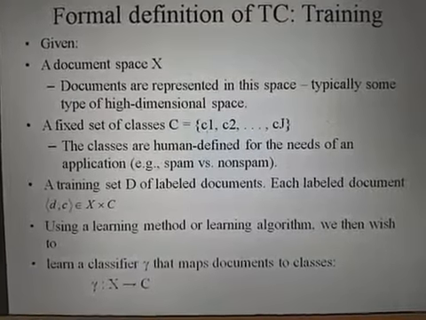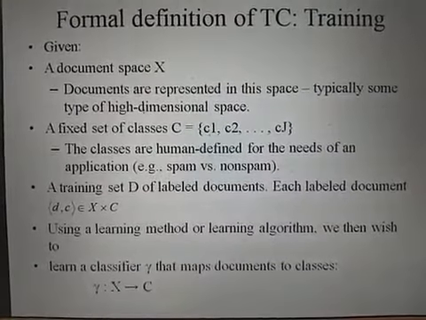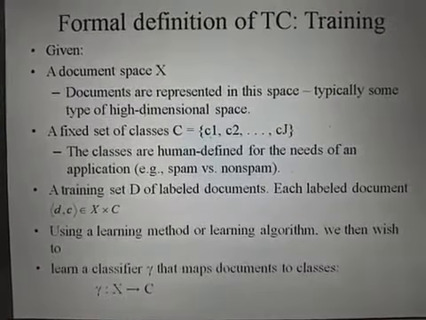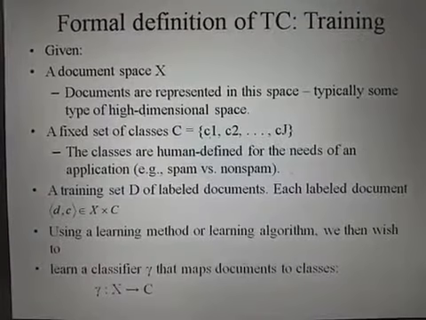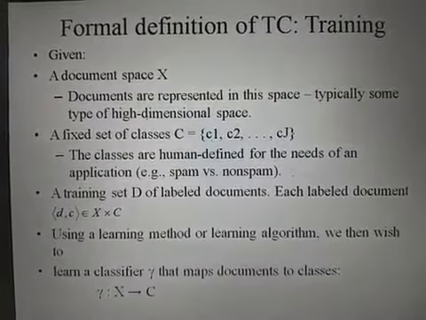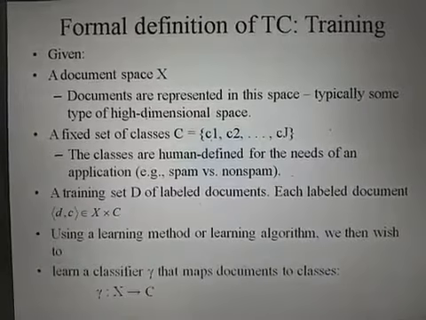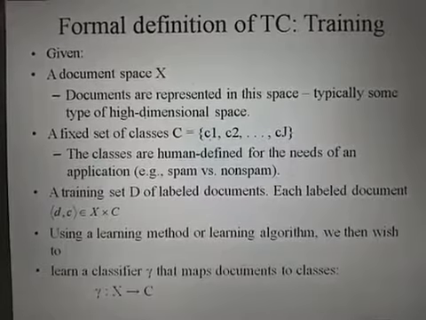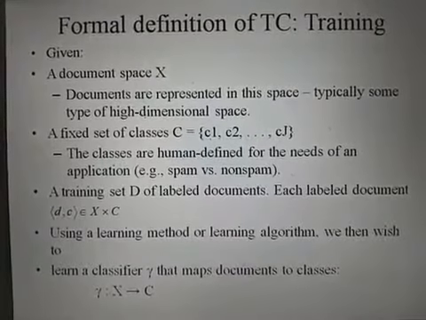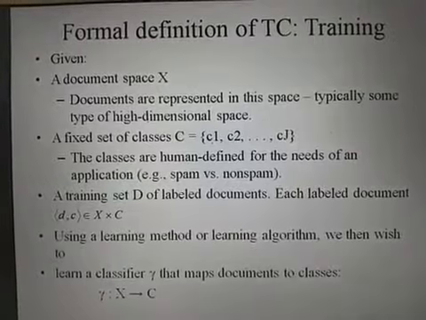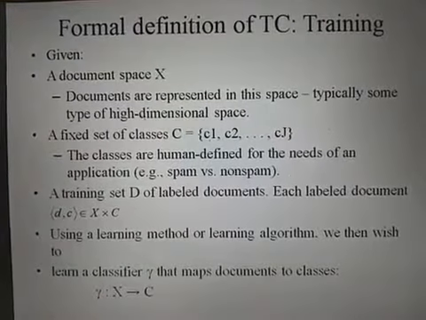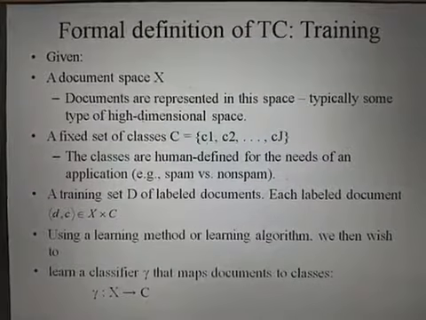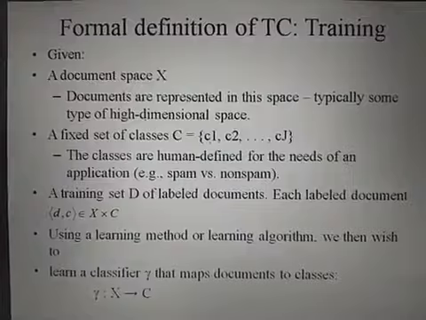We can find it out through the training process, using a training set D of labeled documents. In the training set D, each document is labeled as the pair (d, c), that is, a particular document with a particular class, where d belongs to document space X and c belongs to the set of classes capital C. So here we use a function gamma which maps a document to a particular class.